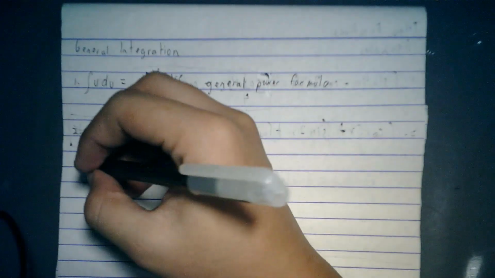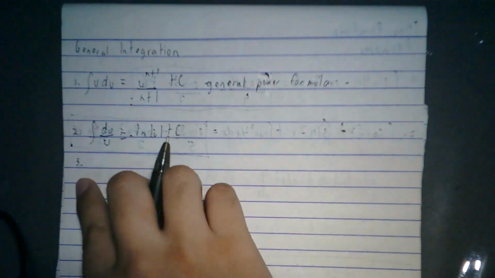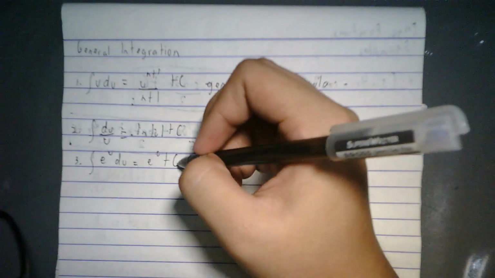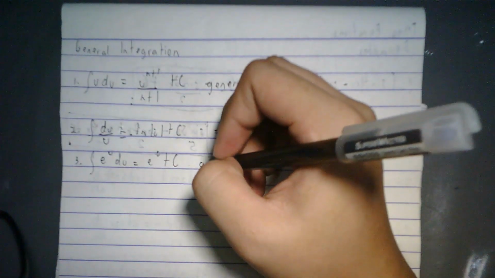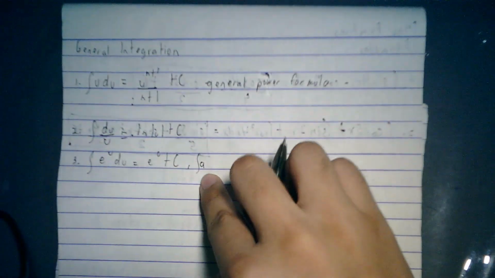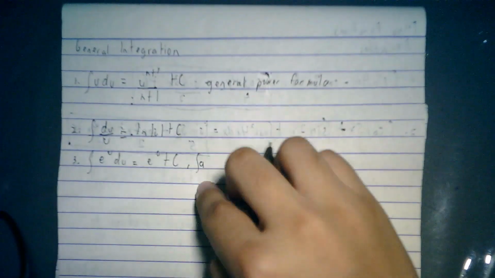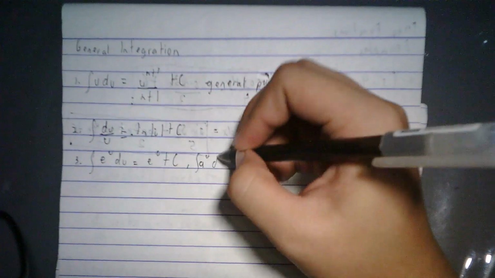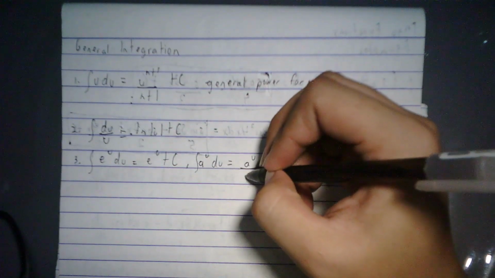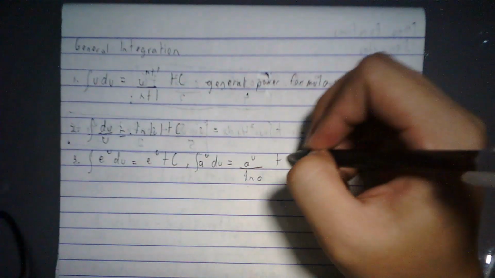Third, we have the exponential: e raised to u du is e raised to u plus c, or, where a is a constant, a raised to u du is a^u over ln a plus c.